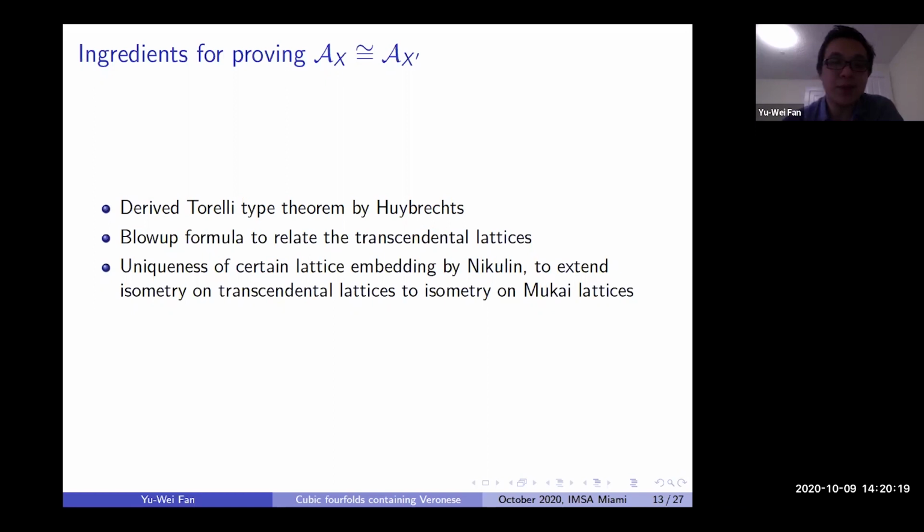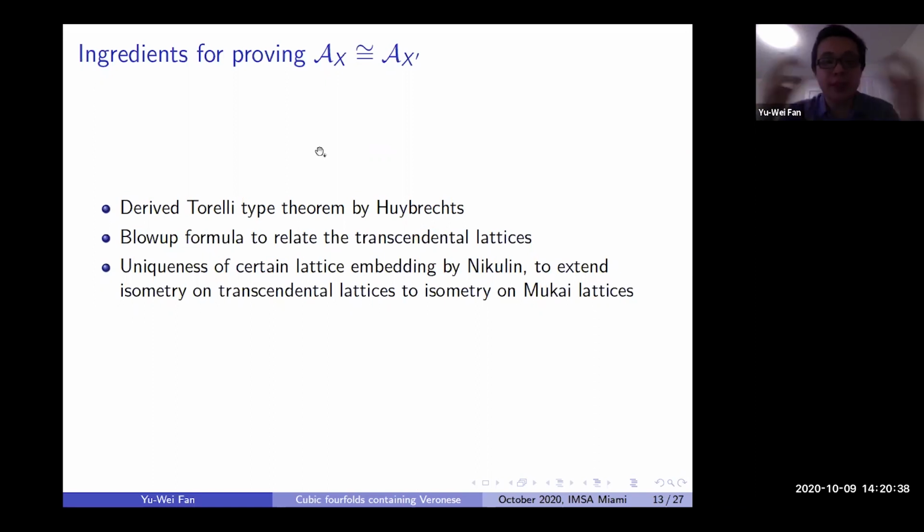To prove this, we use the derived Torelli type theorem by Huybrechts, to reduce the statement to an equivalent statement about Hodge isometry on the Mukai lattices of the K3 categories.